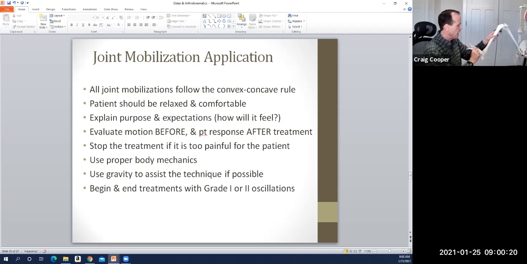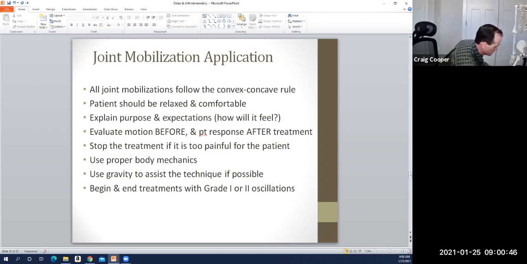So if I'm trying to help improve dorsiflexion, where the foot is moving anteriorly, my glide needs to be posterior. If I'm trying to improve plantar flexion, where the roll is going to bring that talus posteriorly, then I need to glide it anteriorly. So it switches based on which is convex and which is concave.